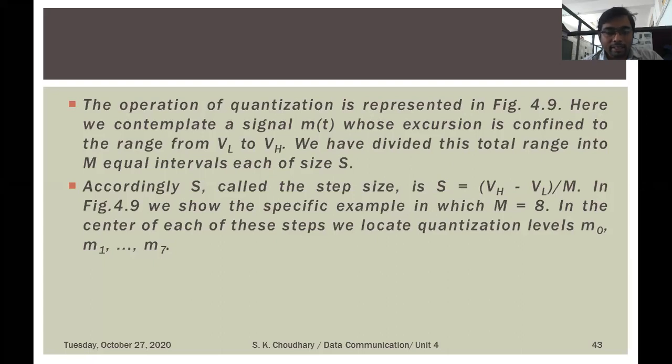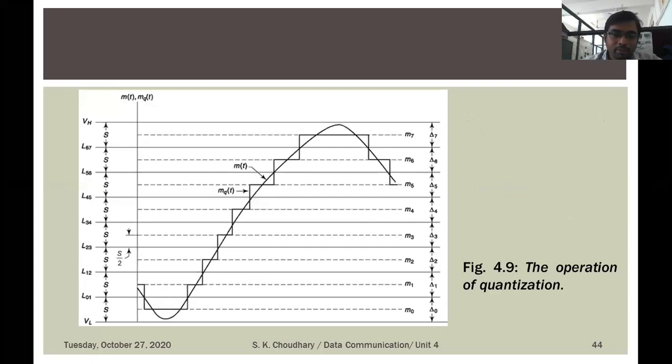Okay, and in the center of each of these steps we locate the quantization levels, from m0 to m7. So everyone please note down this diagram. This is very important for learning the concept of quantization. This sinusoidal signal is nothing but m(t), the original message signal, and we have to convert it into the digital one.